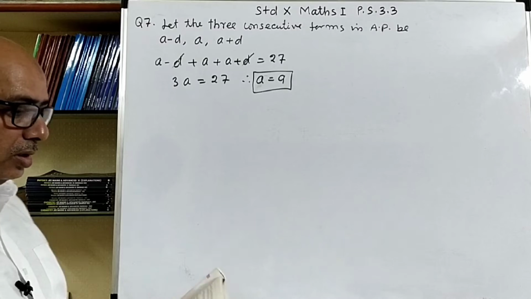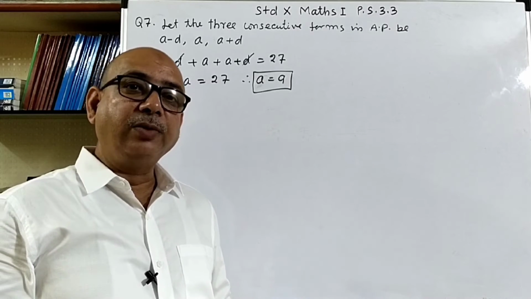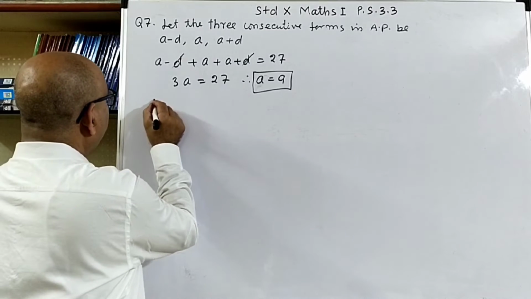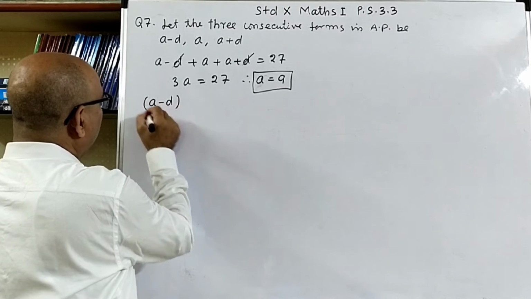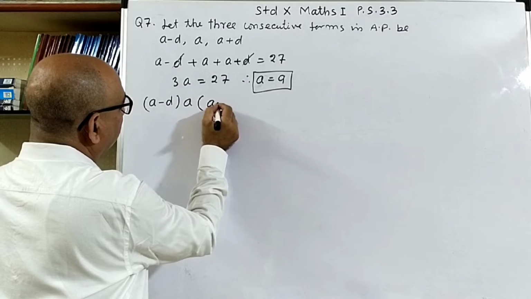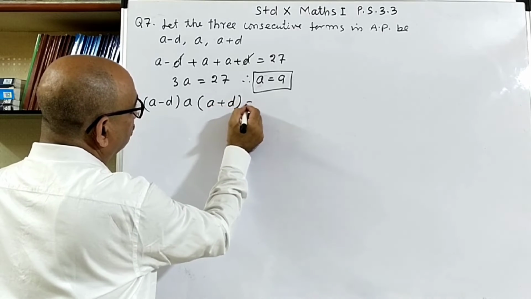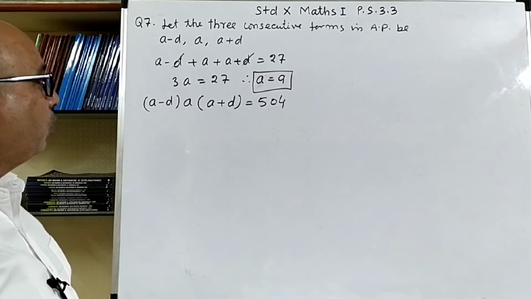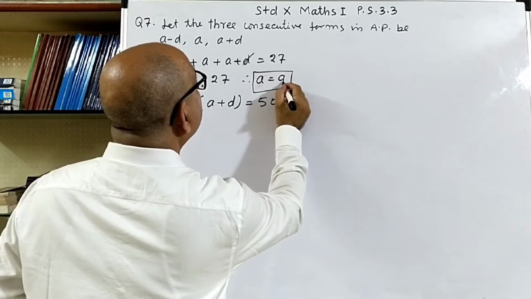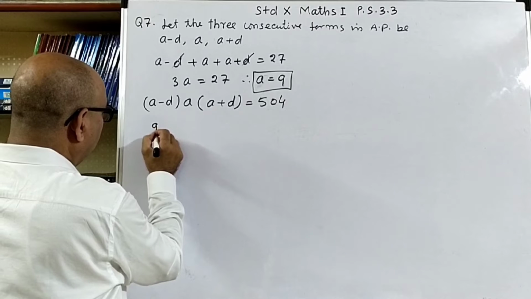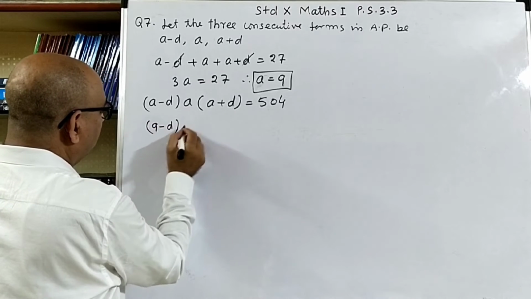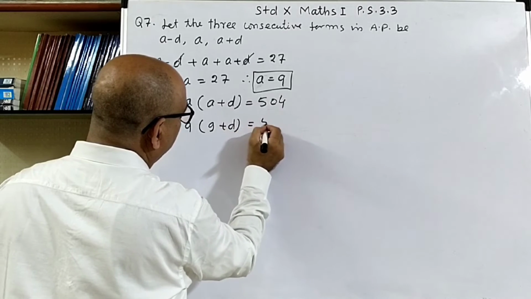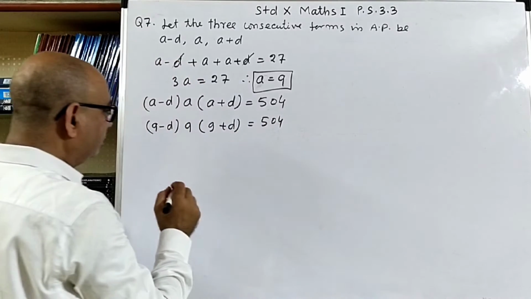The next condition is their product is 504. Product is 504 means a minus d multiplied by a multiplied by a plus d is equal to 504. First, put the value of a. a is equal to 9. 9 minus d multiplied by 9 into 9 plus d is equal to 504.